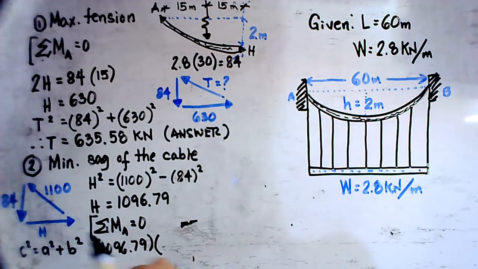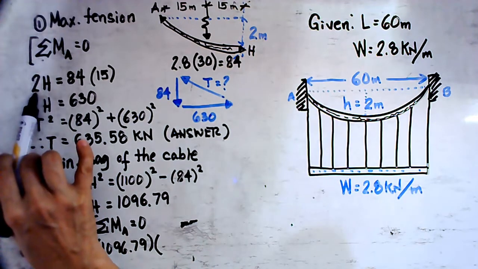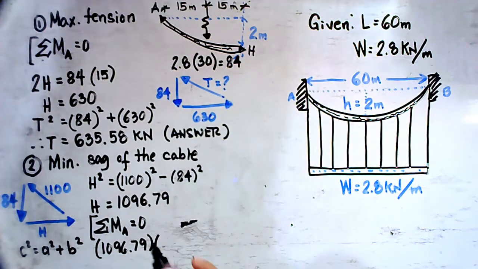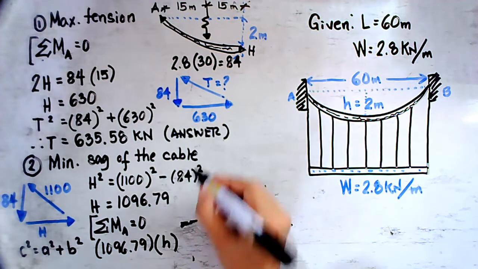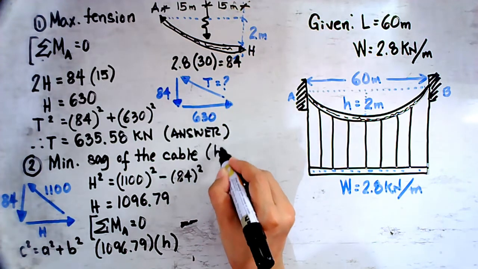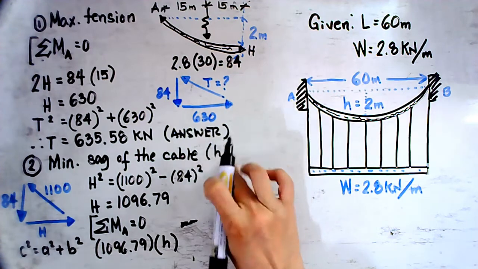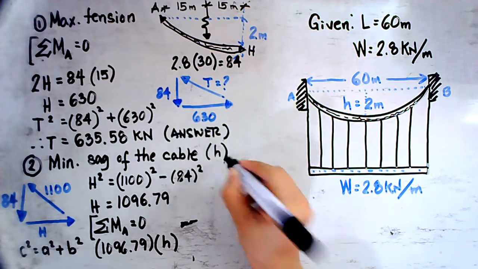And then of course, we have the value of 2 here because that is 2 meters. But now that is the one in question.